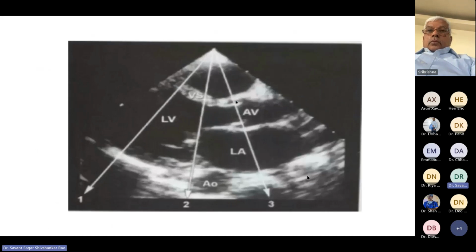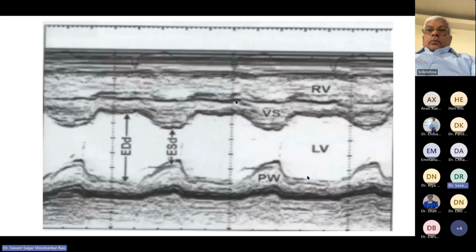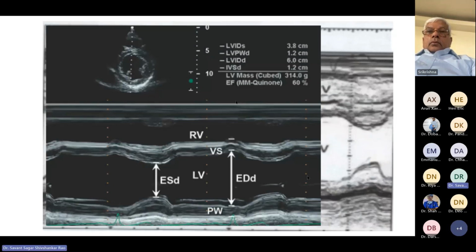First we will understand the levels of M mode cuts: 1, 2, and 3. One is at the LV cavity, second is at the mitral leaflet, and third is at the aortic valve and left atrial level. This is at the left ventricular cavity level, where these are the dimensions which we will understand further.